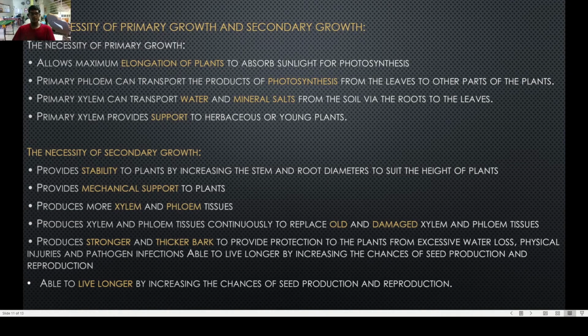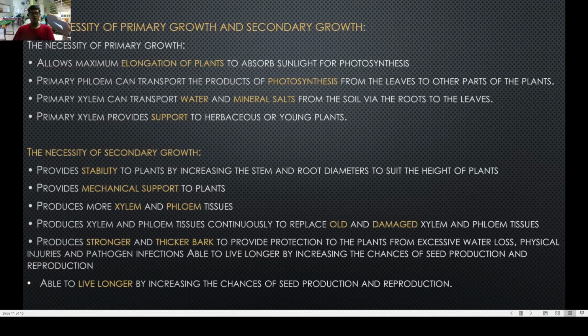The necessity of secondary growth: it provides stability to plants by increasing the stem and root diameters to suit the height of plants, provides mechanical support to plants, and produces more xylem and phloem tissues continuously to replace old and damaged xylem and phloem tissues.